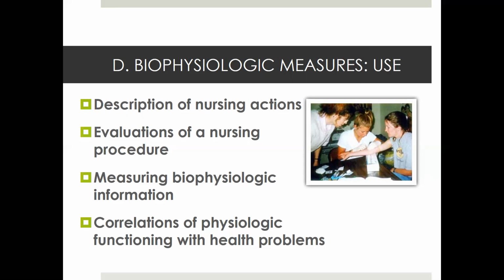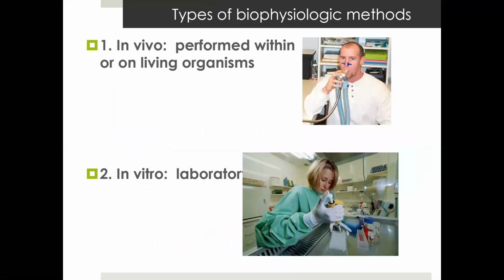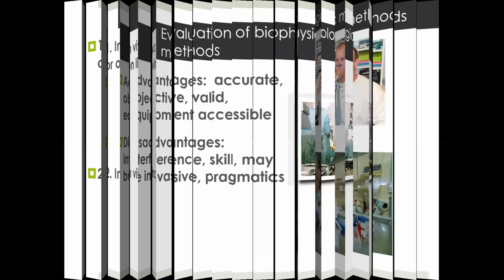All of these are measures that we're very comfortable doing as an RN. And then there are two types of biophysical measures. One is performed on living organisms, which is called in vivo, and the other is in the laboratory, which is called in vitro.